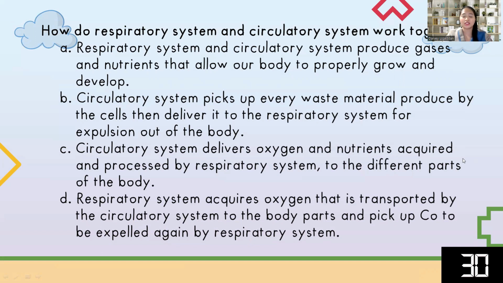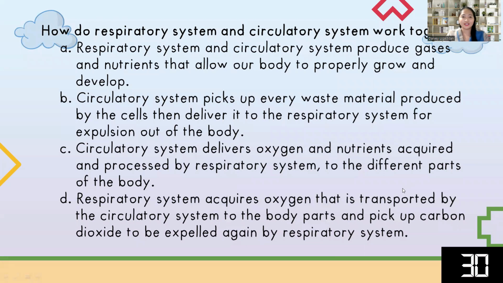C, circulatory system delivers oxygen and nutrients acquired and processed by the respiratory system to the different parts of the body. Or D, respiratory system acquires oxygen that is transported by the circulatory system to the body parts and picks up carbon dioxide to be expelled again by the respiratory system. Please key in your answer on the comment section.